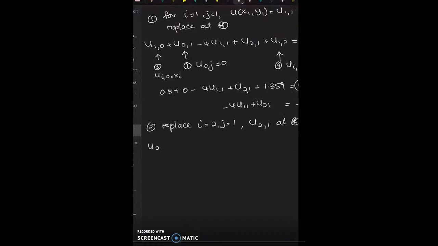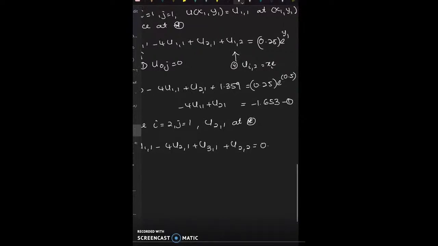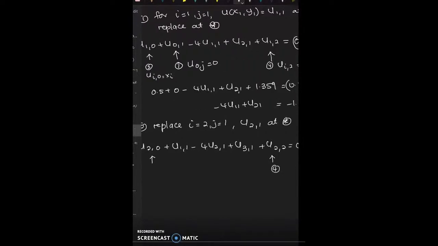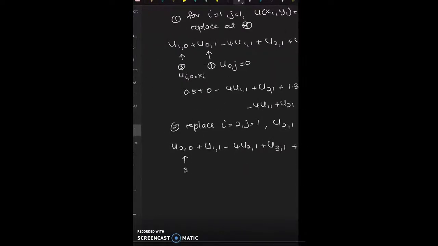To find U21, you need a boundary condition at the above, down, left, and right. So you can see here, U20 below, U22 above. All right. So you can use Ui0 xi.